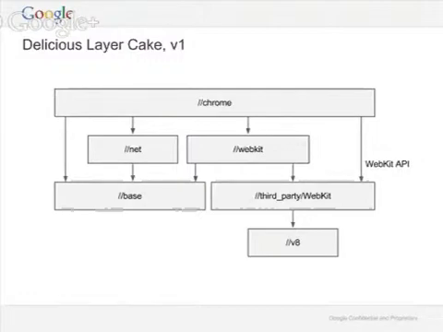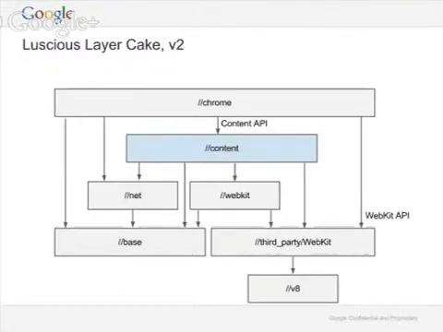John Abdelmalek started and drove the content module refactoring, which was a pretty big project. I was one of the people involved as well. In that project we put in place a new layer called content. I'm sure by now everybody's more or less familiar with it. In that box we have all of the core architecture of Chrome, everything that makes it multi-process, sandboxed, and so forth.